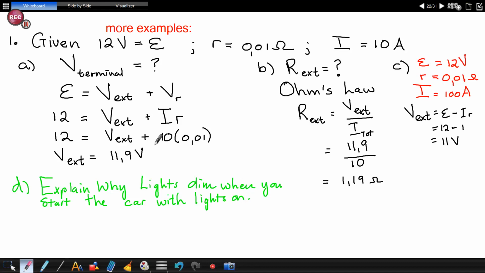Isn't it connected in parallel? Isn't what connected in parallel? The circuit of the car. So what in the circuit is mentioned here?